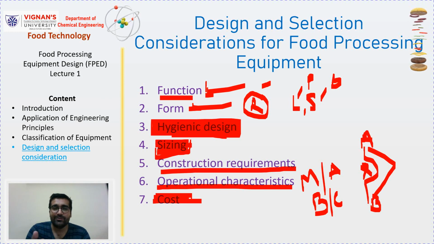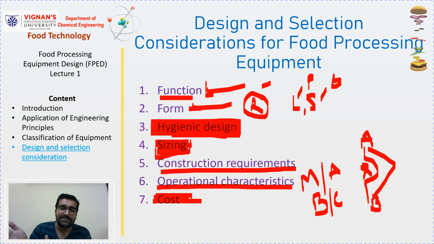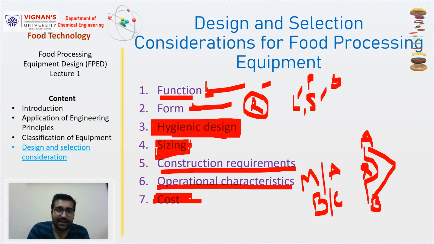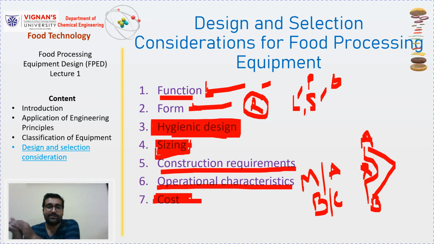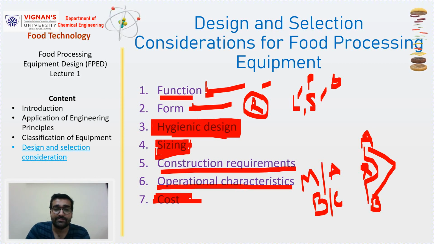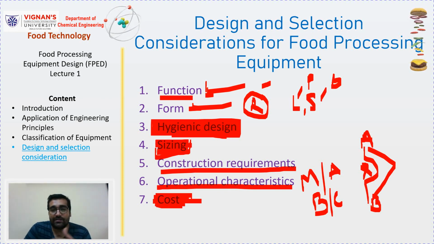For example, we use cast iron rods which are readily available in the market, whereas in custom made equipment we need to prepare the raw cast iron rods either by grinding or by using lathe machines, and then we are going to use them. So cost is always a criterion when we are going to design or select the material for the equipment design. So with this I rest this lecture.